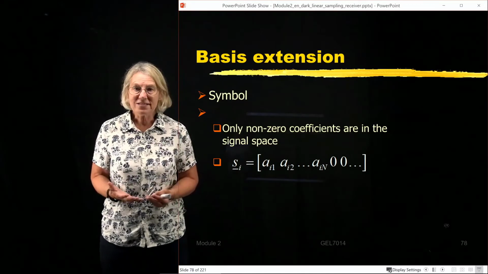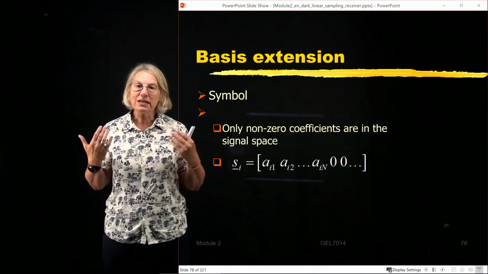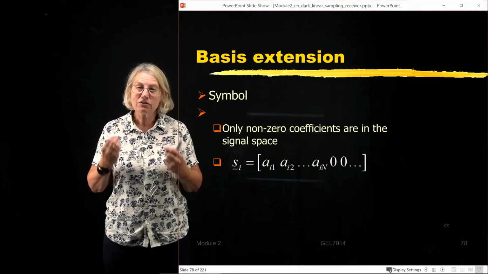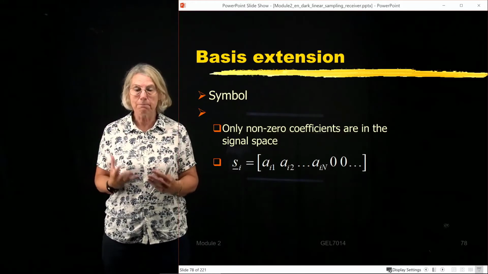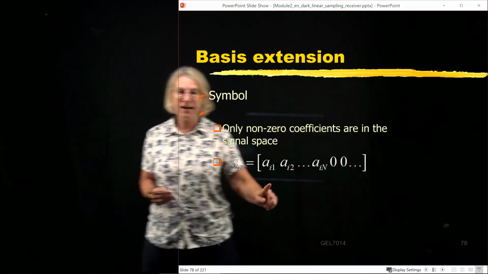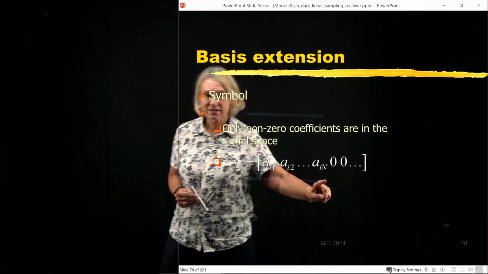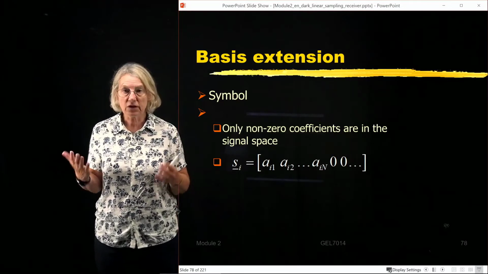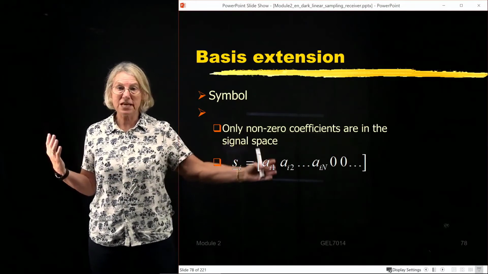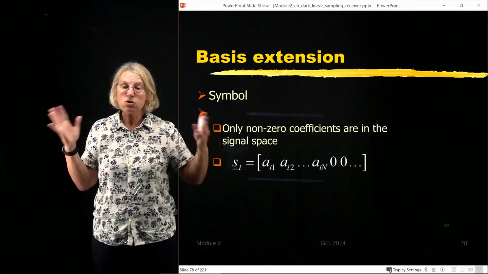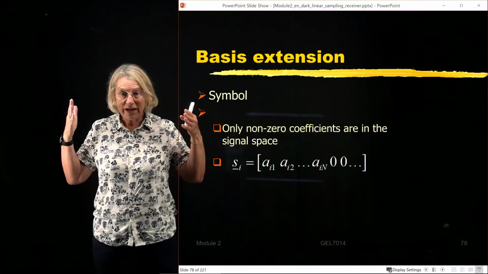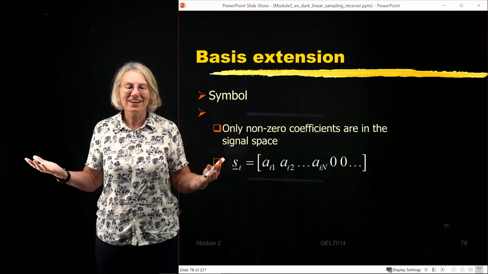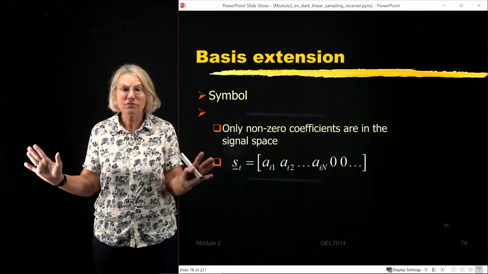So I did this basis extension. What does that mean in terms of the vector for each one of the symbols? I have m symbols, and I've already found the coefficients from 1 to n for each one of those symbols, and now I've extended the basis. That's okay, because my signal falls in those first n basis vectors. That covers all of the symbols.